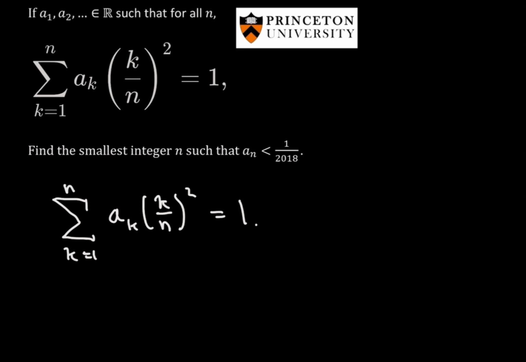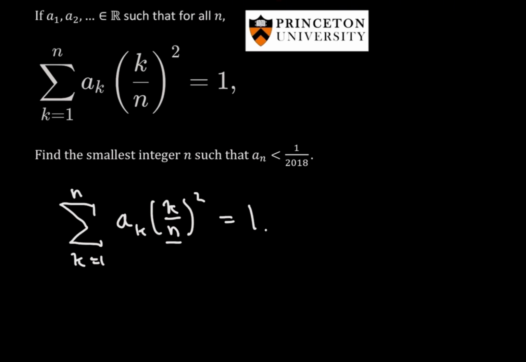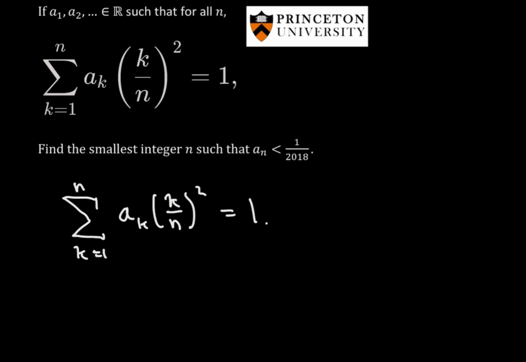Let's really consider the equation that we have at hand. Notice that since this n term in the denominator does not depend on the index k, we can pull it out of the sum. More intuitively, for each term in our sum, there is a 1 over n squared, so we can factor out the 1 over n squared from the sum.